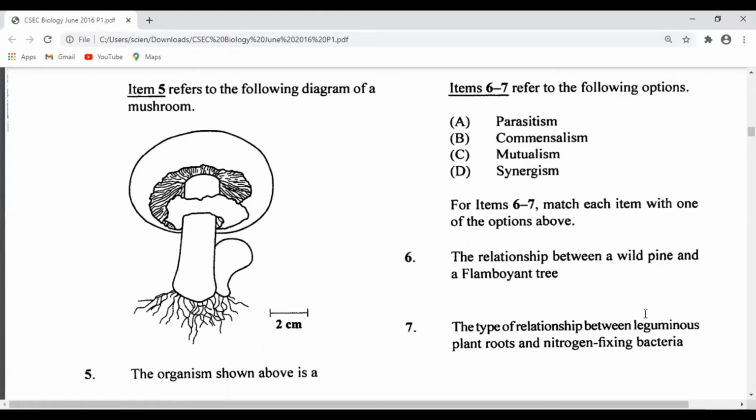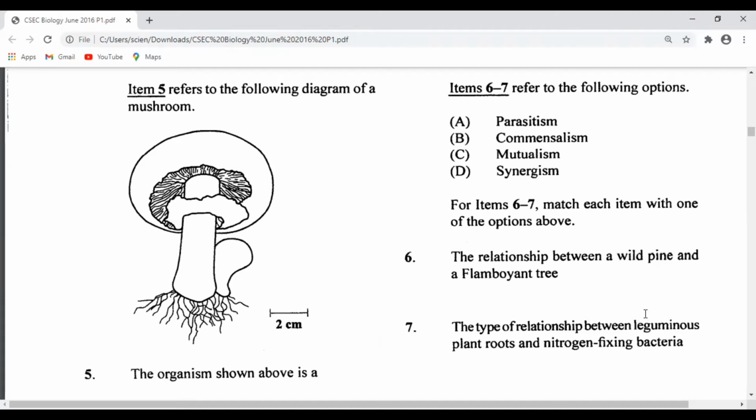Remember, mutualism means that both organisms benefit, while commensalism means that only one organism benefits while the other is not harmed. So in 6, the wild pine benefits because it gets support and it also gets water from that tree to aid in its photosynthesis.